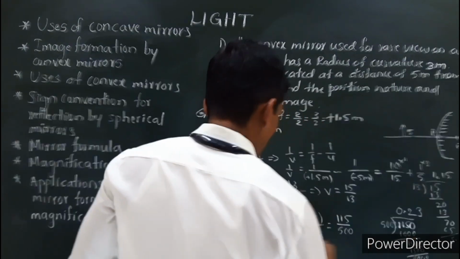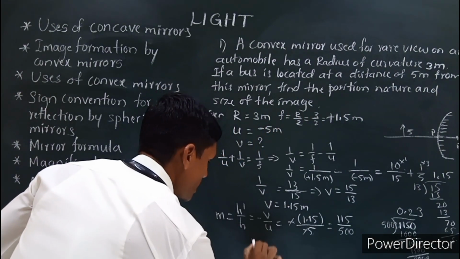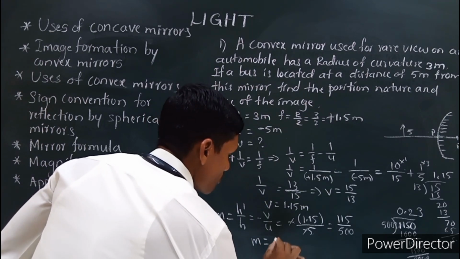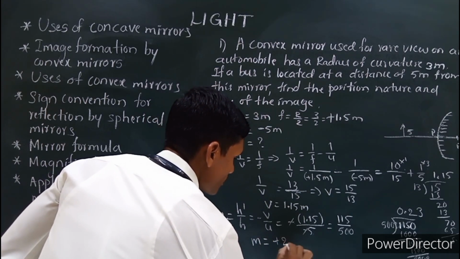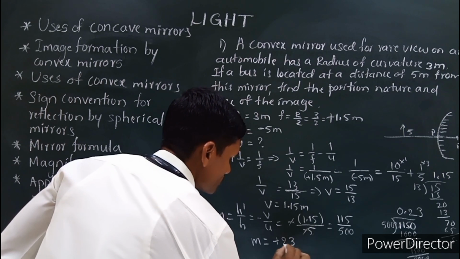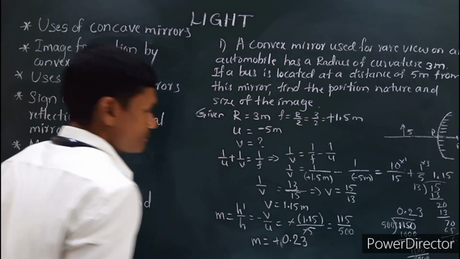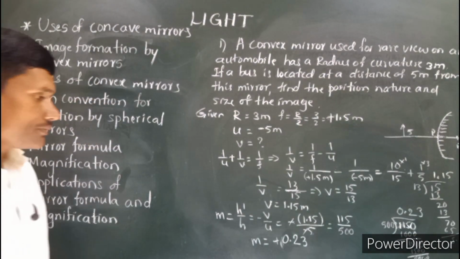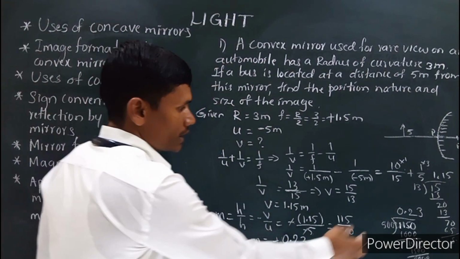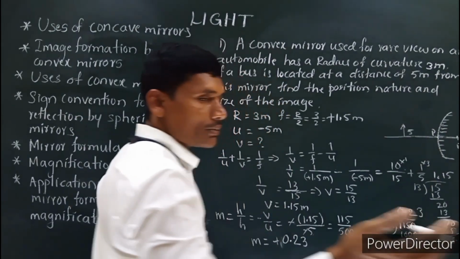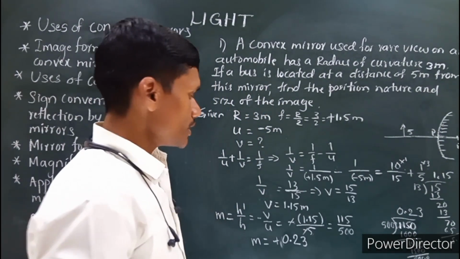So 0.23 we are getting here, that is magnification is a positive value, 0.23. 0.23 means the image is smaller. In the convex mirror usually the image will be virtual, erect and smaller, right?